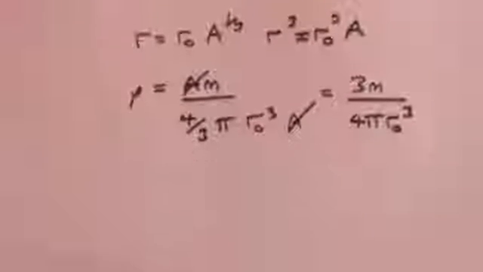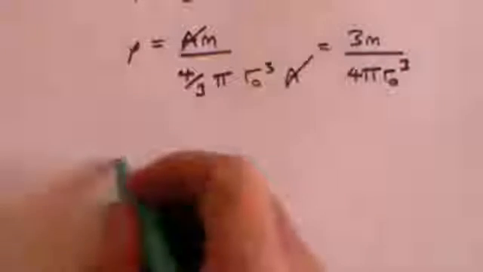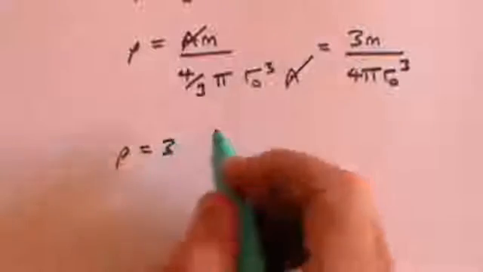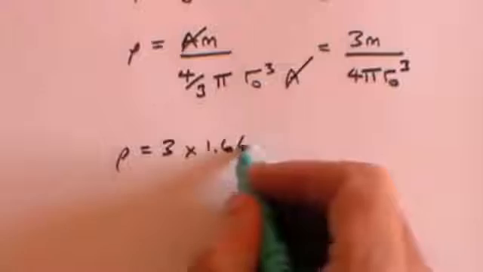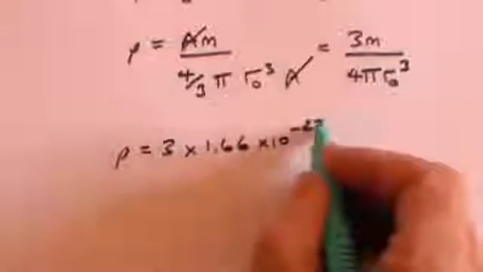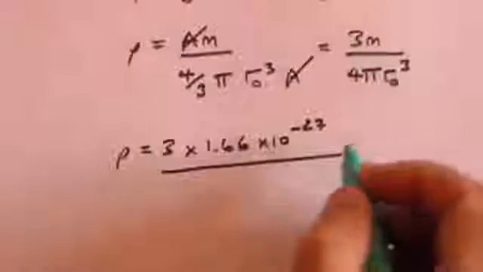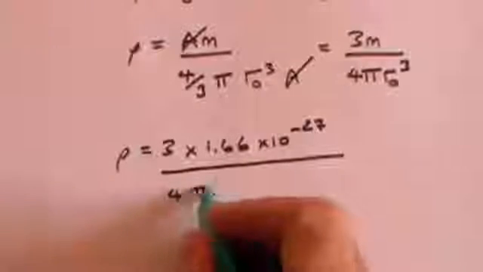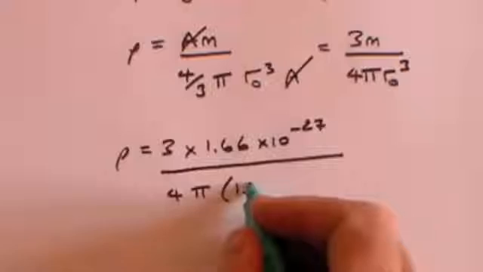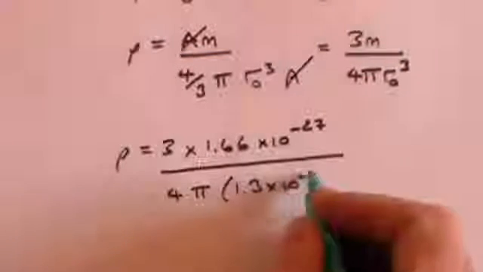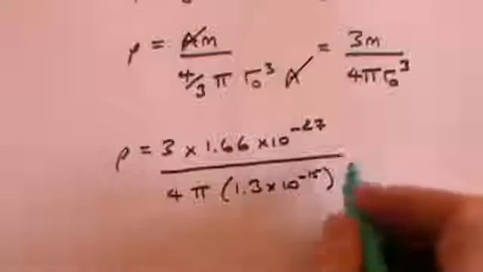Well, let's just work it out. Rho will equal 3 times the value of the atomic mass unit, which is 1.66 times 10 to the minus 27, divided by 4 times pi times R0, which again we'll use 1.3 times 10 to the minus 15, cubed.